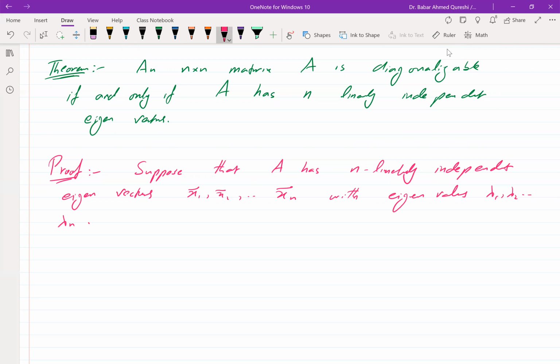I'm not assuming that these eigenvalues have to be distinct. Some of these eigenvalues may even be repeated. There's no such assumption in the theorem. The theorem only says that the eigenvectors should be linearly independent. Eigenvalues can even be repeated, or they are the same.